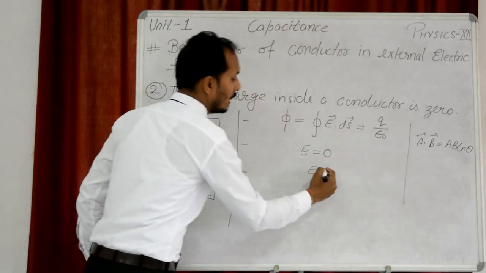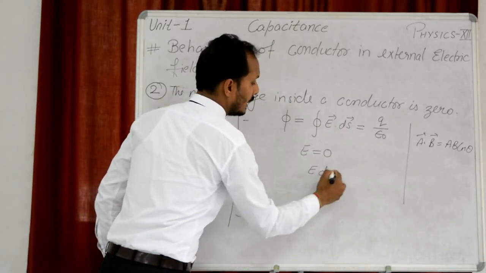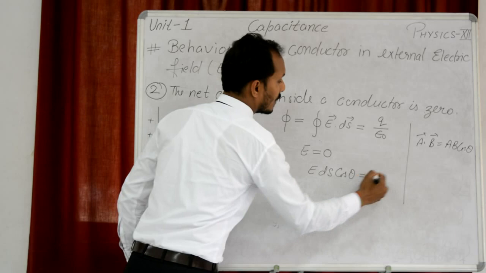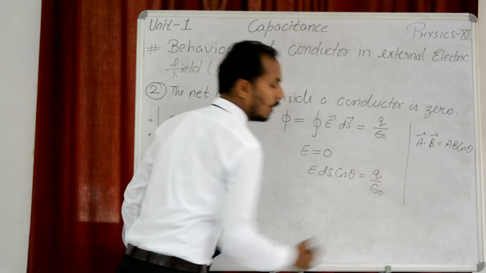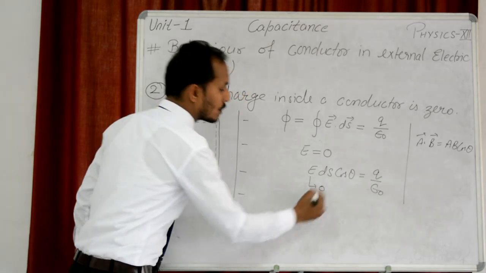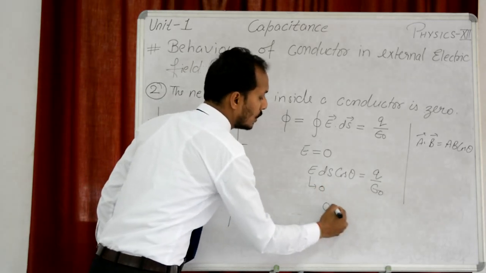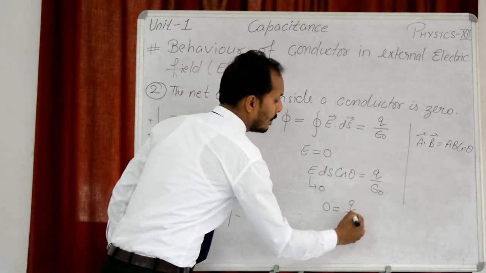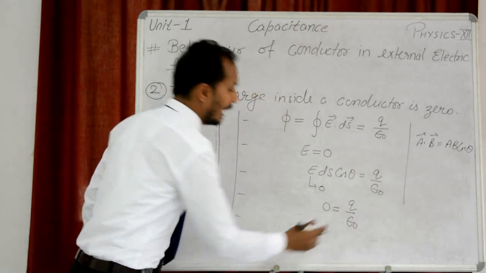Putting this in, E ds cos theta equals Q by epsilon naught, and since E is 0, this becomes 0 equals Q by epsilon naught.